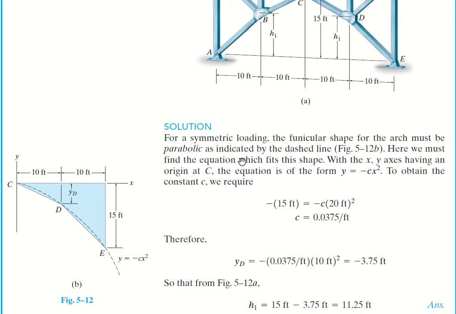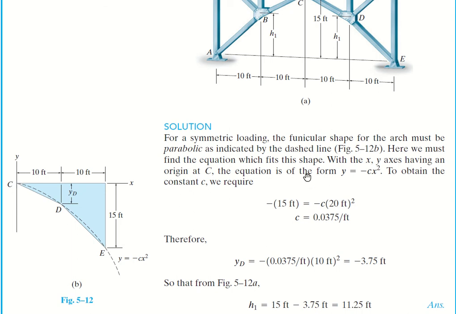So therefore this says that the arch must be parabolic, just like this dashed line. Here we must find the equation which fits this shape, with the xy axis having an origin at C. This is your point C, and you are taking the origin at this point C of x and y.